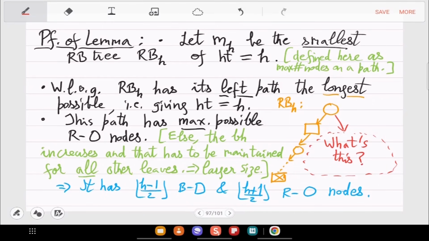We have identified the longest path on the left, and we also have identified how many red and black it should have. Now, what is remaining for the recurrence is all these right children of all the nodes on this important path. So what can you say about that? Again, keeping in mind that you want this to be minimized in size.